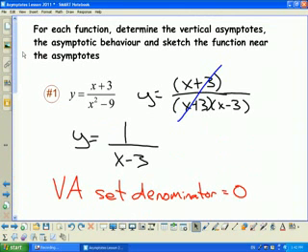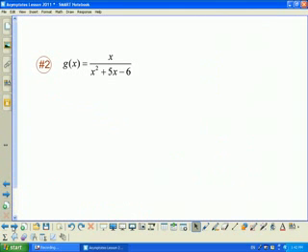If I gave you a quiz tomorrow and said, find all asymptotes, determine all asymptotic behavior, sketch the function, then yes. But we're just doing one thing at a time. Okay. We'll get to the horizontal later. Don't worry.